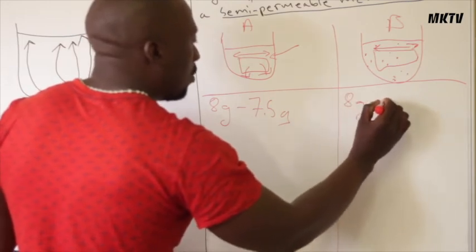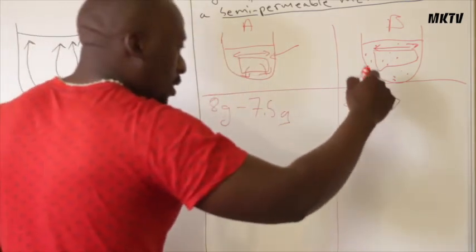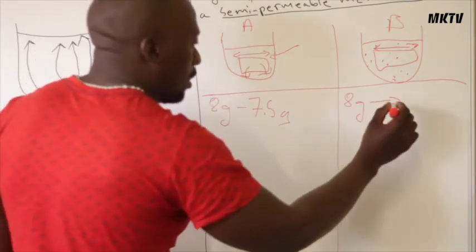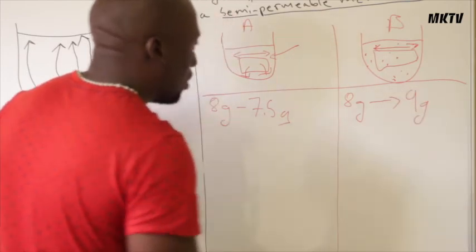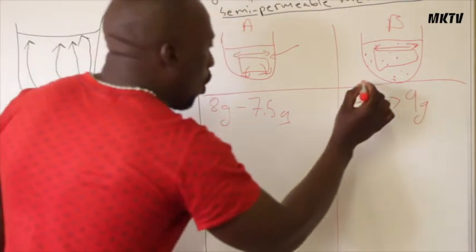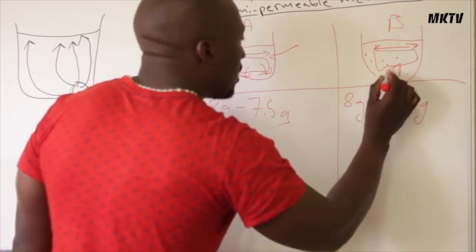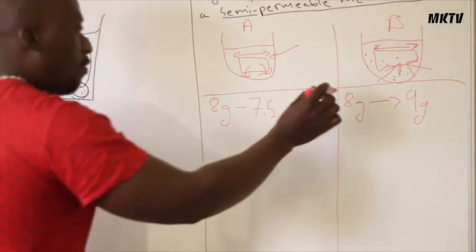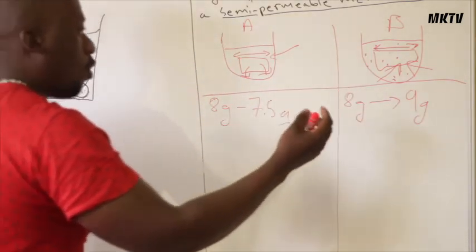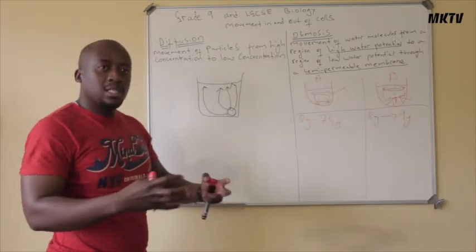After you take it out of the salt water, you might find that the potato is now 9 grams, which means water inside the beaker moved inside the potato. When water moves inside the potato, it is going to gain size.